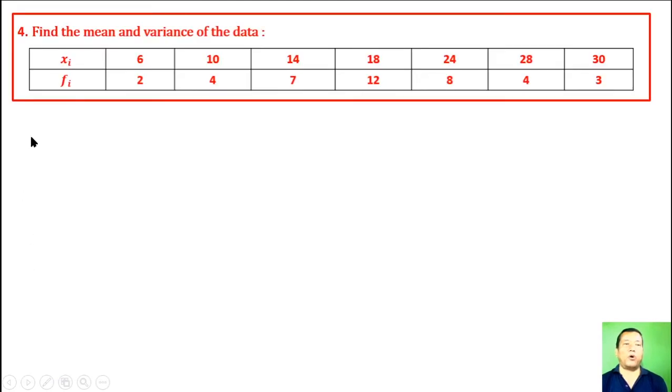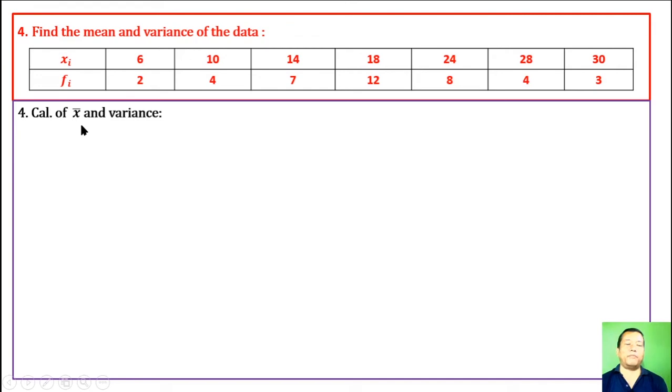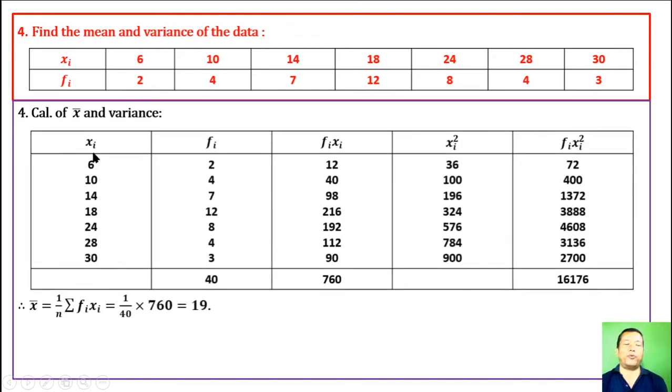Question number 4. Find the mean and variance of this grouped frequency distribution. Calculation of mean and variance. We make a table whose first column is xi and second column is fi.